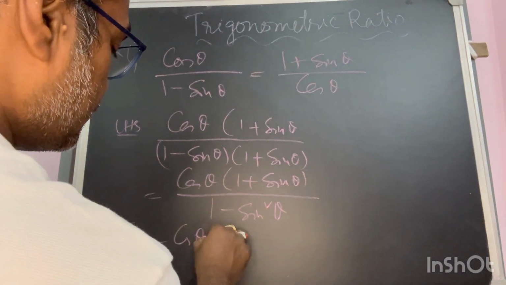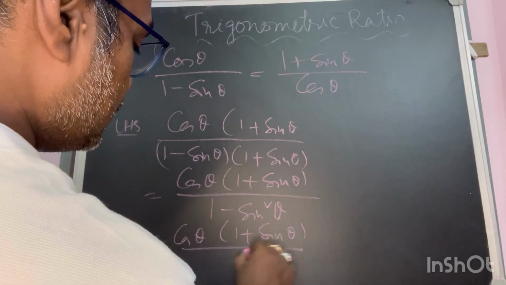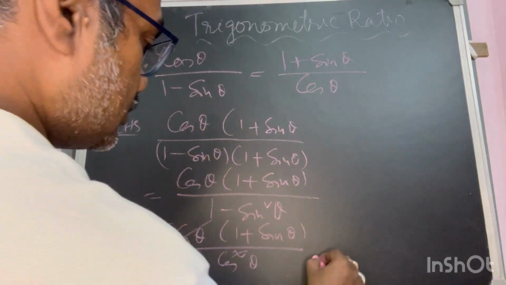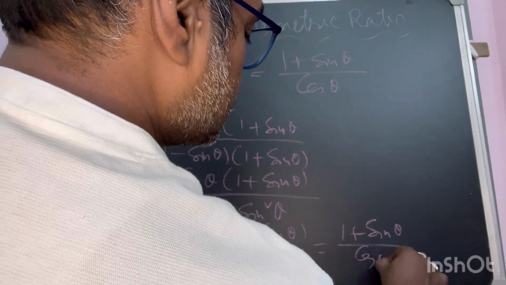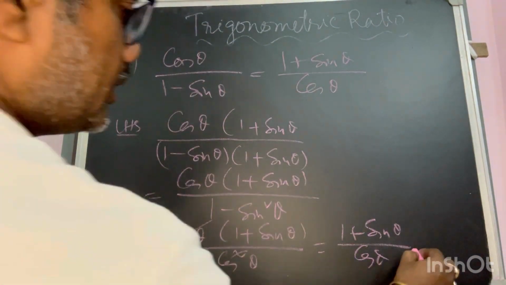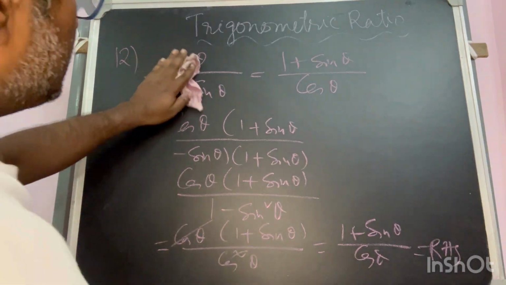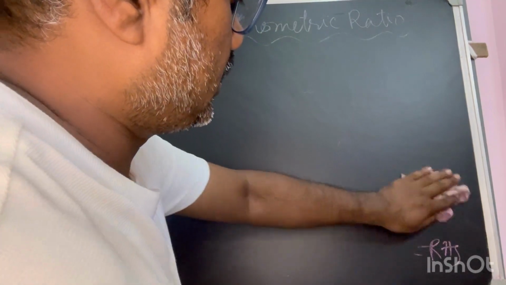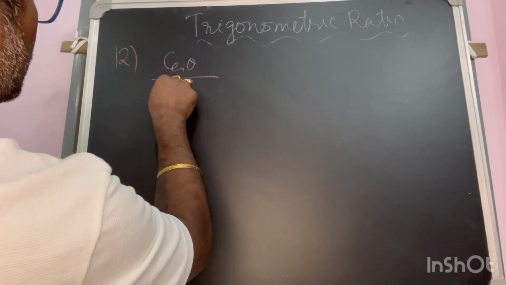So cos theta into 1 plus sin theta divided by cos square theta, since 1 minus sin square theta is cos square theta. So ultimately 1 plus sin theta by cos theta is equal to the right hand side. Hence proved. Okay. There is another part which is of a similar kind but differently defined. What is that? Cos theta by 1 plus sin theta.